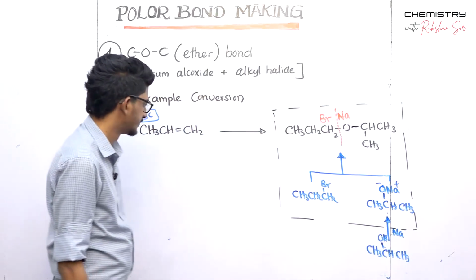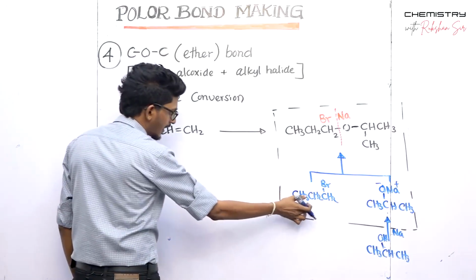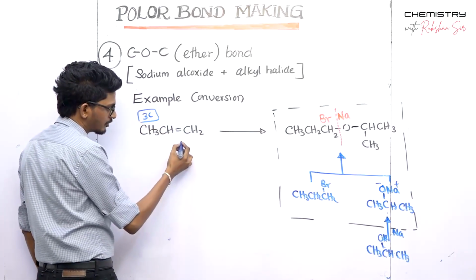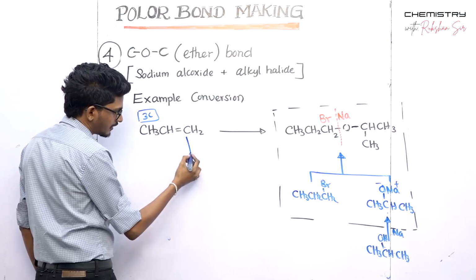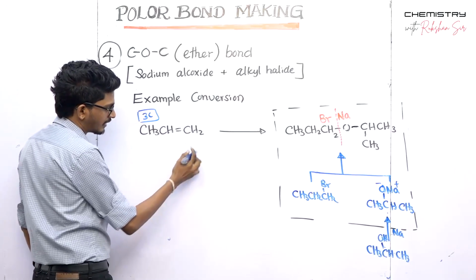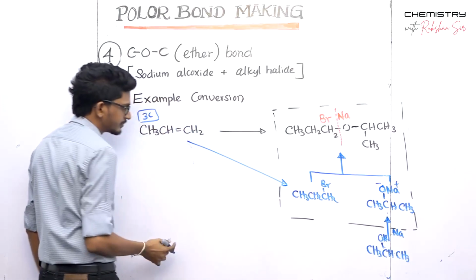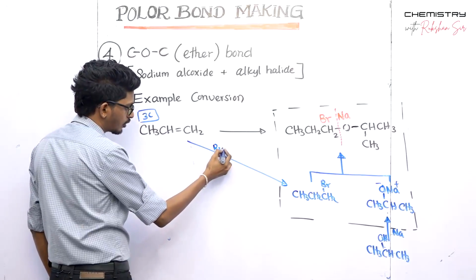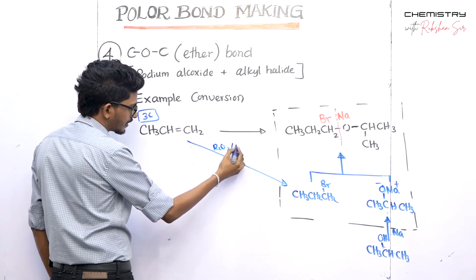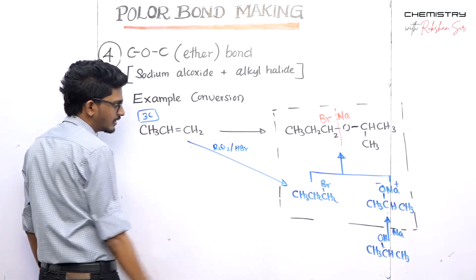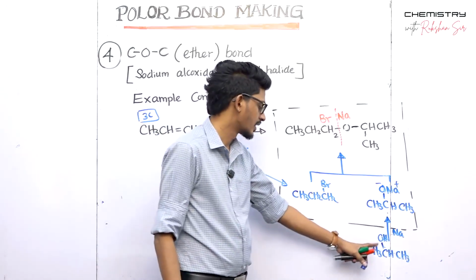Now complete the stuff. So you have a Br at the corner carbon, so anti-Markovnikov addition should be done. Br at the corner carbon, anti-Markovnikov, so R2O2, HBr. And here some OH at the center carbon.